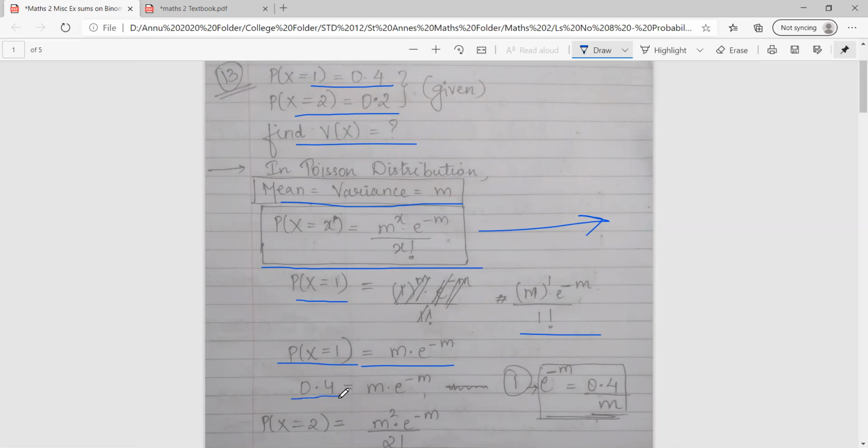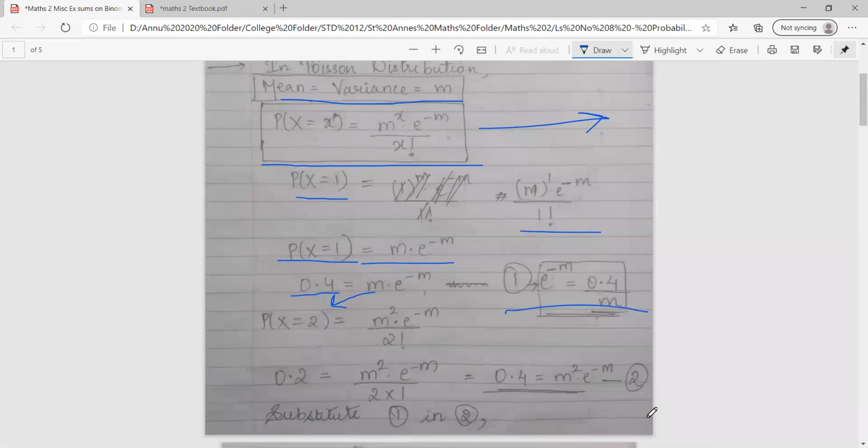So we'll substitute the value over here and I get the equation as 0.4 is equal to m into e raised to minus m. I can cross multiply and bring the m in the denominator like this. So e raised to minus m will become 0.4 upon m. I can name this particular equation as point number 1.